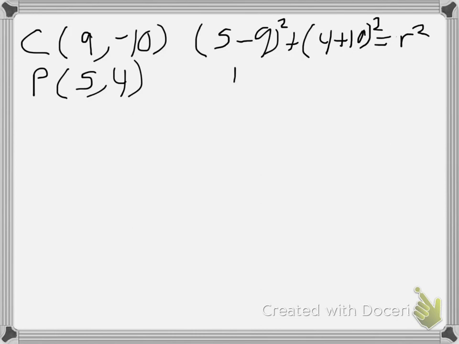Negative 4 squared is 16, plus 14 squared, which is 196, equals r squared. All right, so 196 plus 16, well, that's 212.